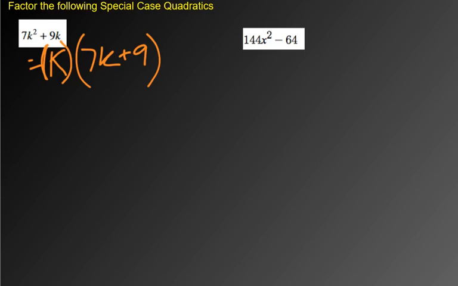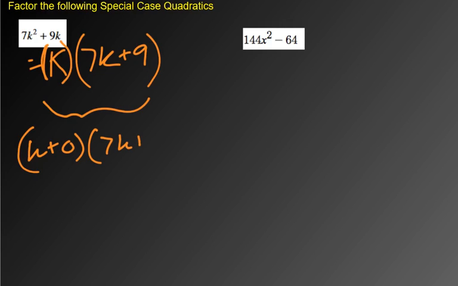And you could just do normal single distribution, put the k back in, and you'll see that you get it. Really, if you want to think about it this way, what you're doing is k plus 0 times 7k plus 9, and the 0 times the 9 is why there's no number term, right? It's like 7k squared plus 9k plus 0.